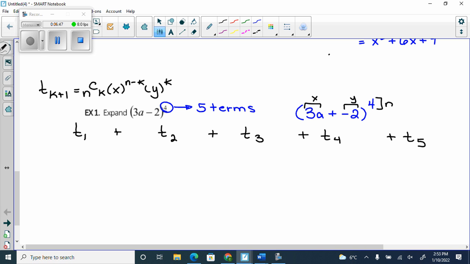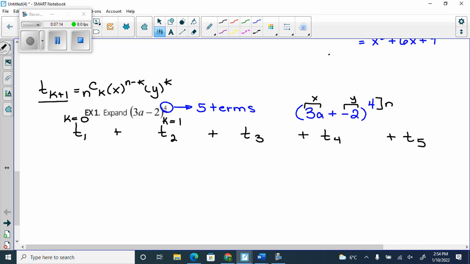Okay? So we want to find term 1. What's my k going to equal? 0. My k is going to equal 0 here, correct? When I want to find term 2, what's my k going to equal? What plus 1 is 2? 1. So my k is going to equal 1 when I'm looking for term 2, correct?